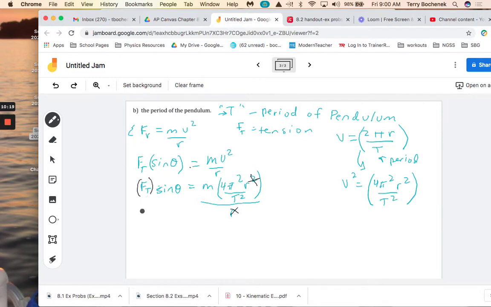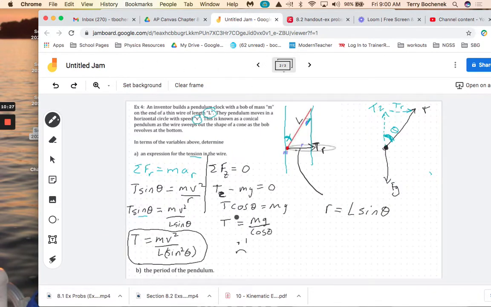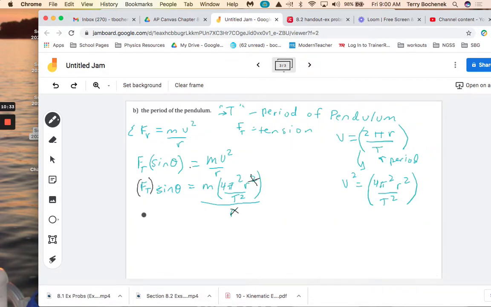The tension, easier, the tension with the z components, the tension is mg over cosine theta. That's a lot prettier looking than where I was going to go. So mg over cos theta is our substitution there.